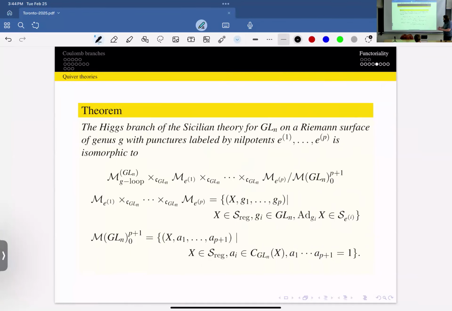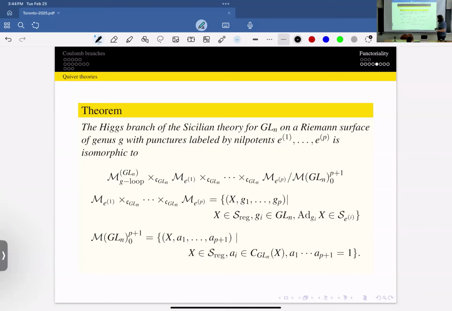So when you think about this idea of doing connected sums, then this tells you how to assemble all of this. In the GLN story, this is actually a theorem where you can take all of these pieces corresponding to the genus G part, and then all the punctures, and think about doing a big connected sum of all of them. And each of the connected sums is taking this fiber product, and then I have to mod out by a bunch of copies of M of GLN.